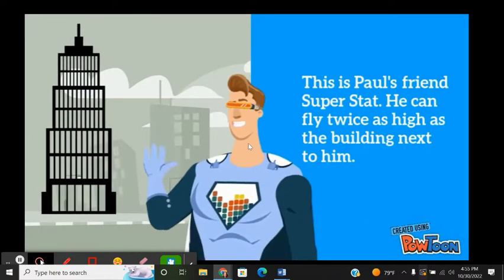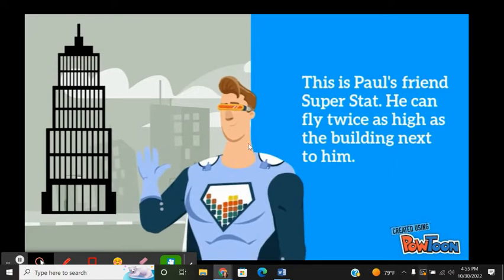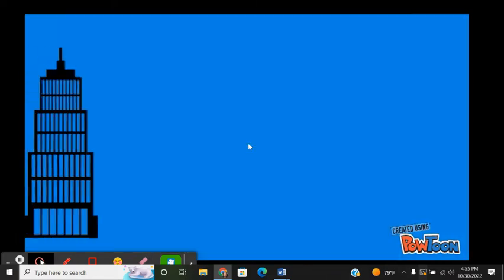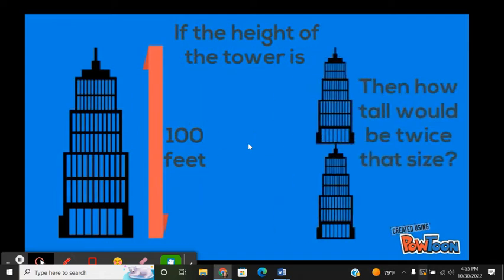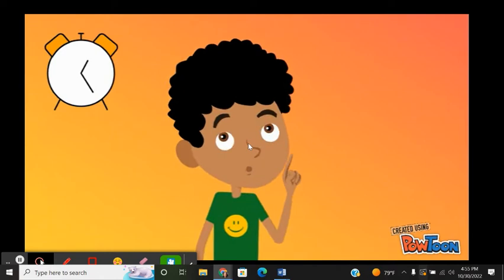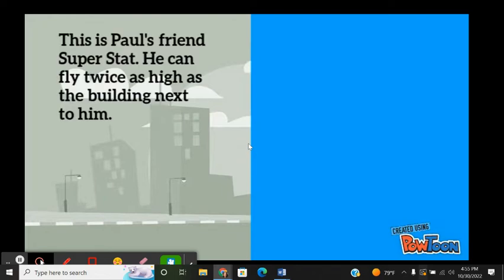This is Paul's friend Superstat. He can fly twice as high as the building next to him. If the height of the tower is 100 feet, then how tall would be twice that size? Now's your chance to press pause and ponder. In my word problem, I see twice as high as.